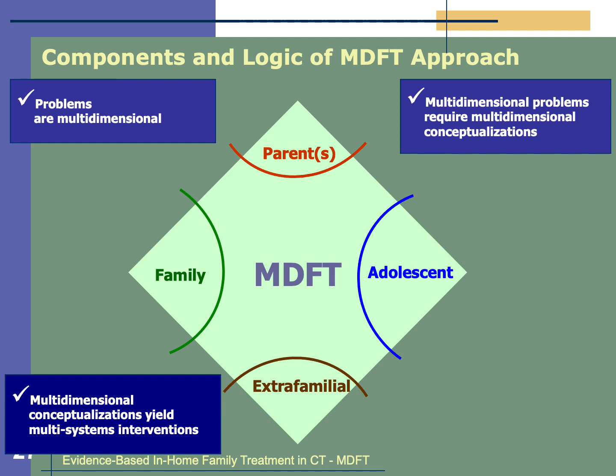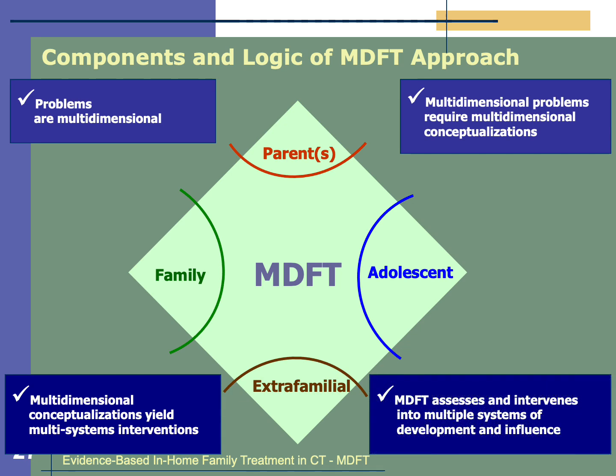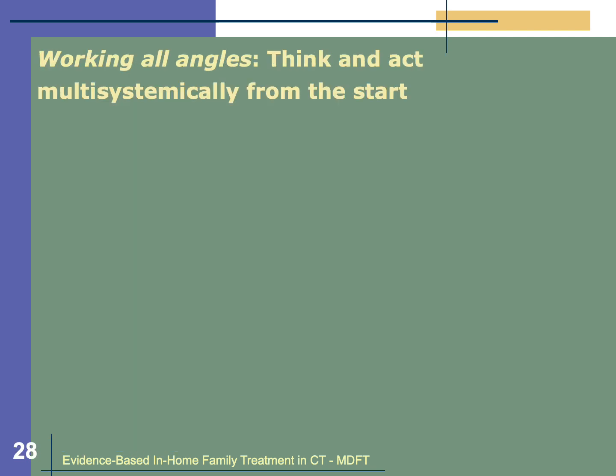And so what we end up trying to do is have interventions that go across systems so that we can address the multiple problems and the influences that are sustaining that problem. And so then we assess and intervene on the multiple systems. Okay, this sounds complicated, but is actually very simple. And as we go through the rest of the clinical process, you'll see how that works.